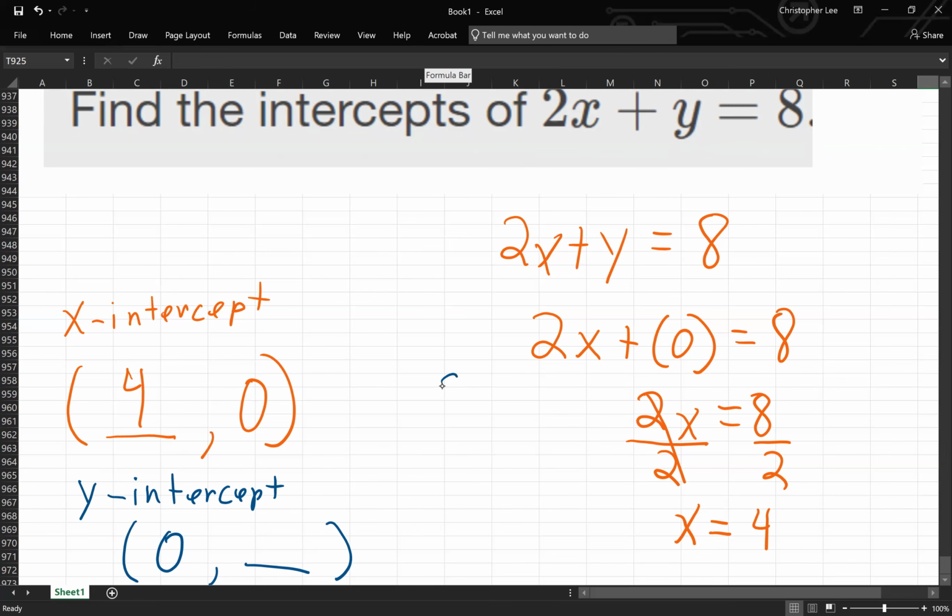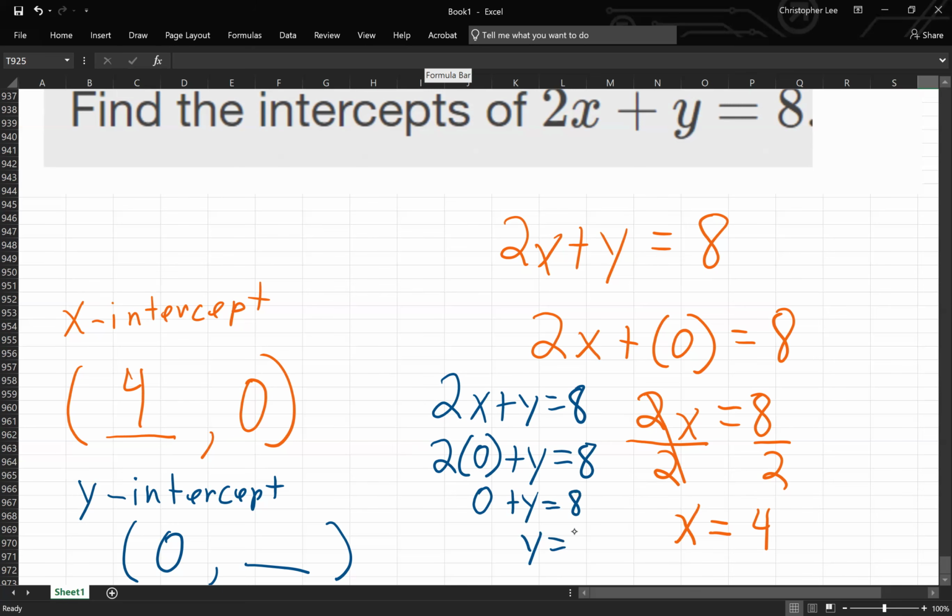So we have 2x plus y equals 8. I'm plugging in the 0 for x. So this becomes 2 times 0 plus y is equal to 8. Anything times 0 is just 0, right? So this is just 0 plus y equals 8. So final answer, y is equal to 8. So boom, my y-intercept is 0 comma 8. And I'm done. That's it.